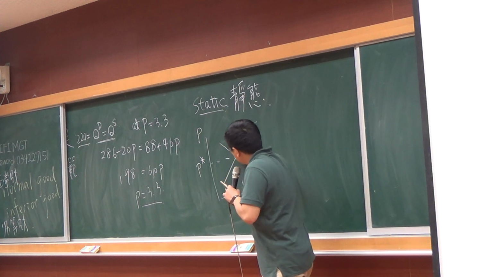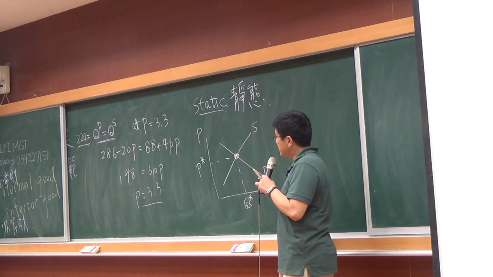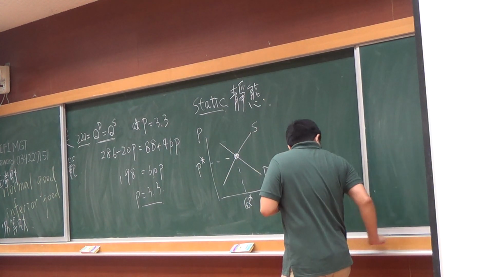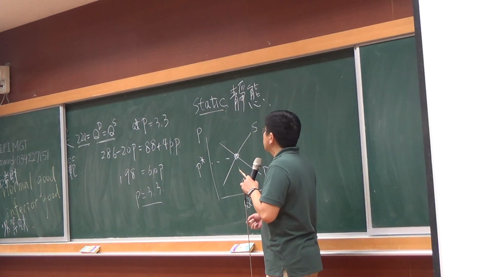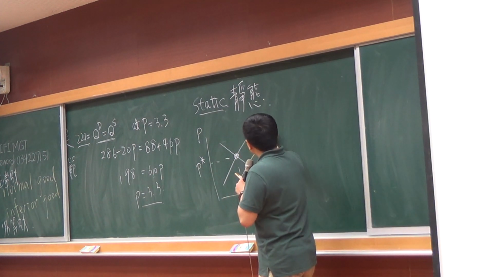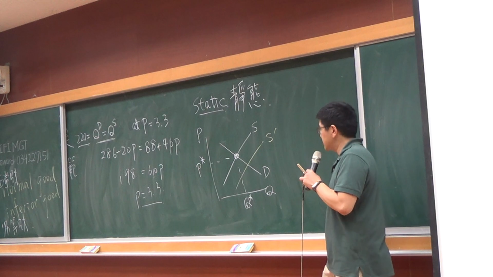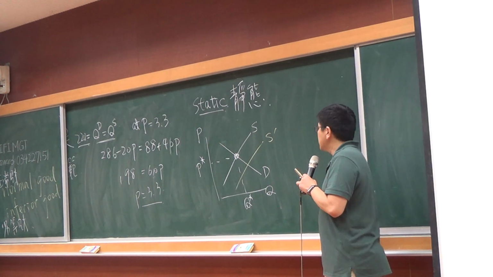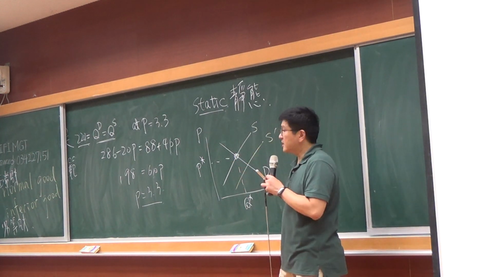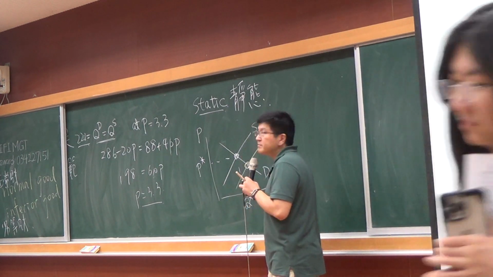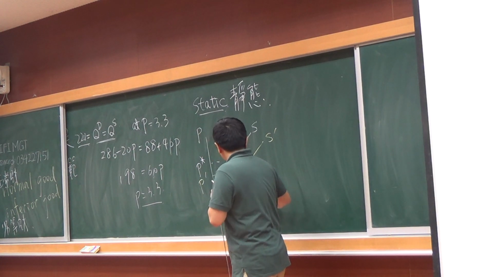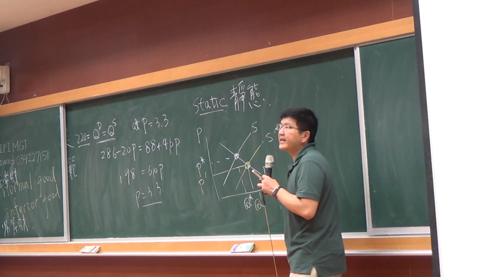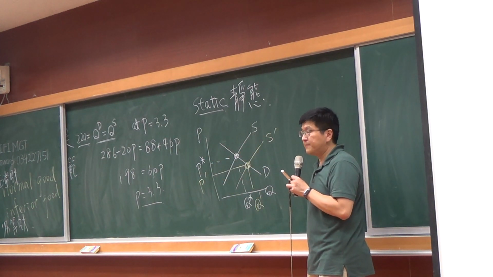So this kind of analysis is a static one, static analysis. But what if some factors happen and make, say, the supply shift outward? So when the supply shifts outward, you will see another equilibrium, and we may have a P prime and Q prime. This is another static.